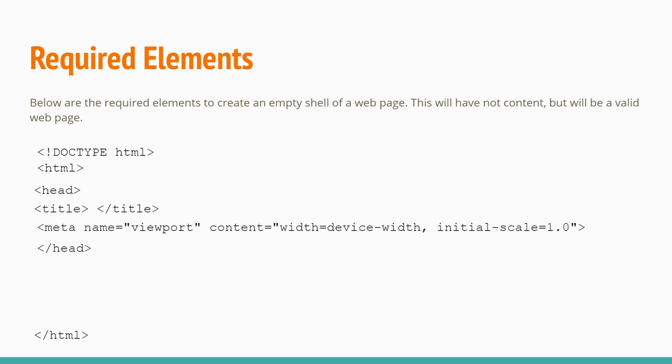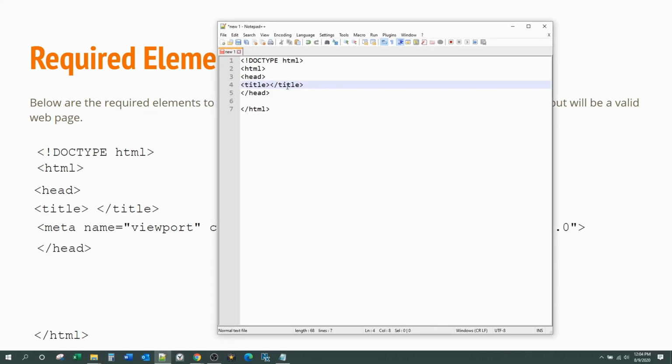Okay, so I already have this typed up into a little notepad document. So I'm going to simply copy and paste it into my web page code, but you may need to press pause to get that all typed in.